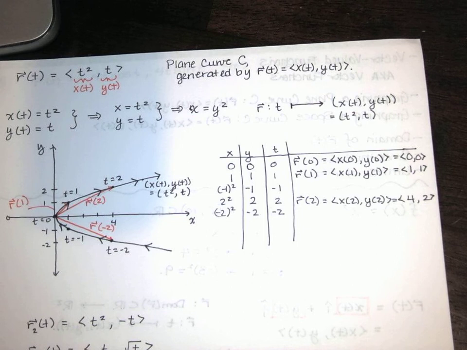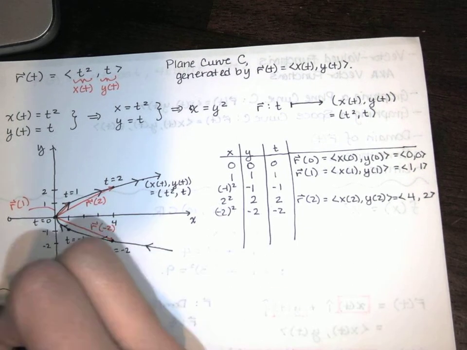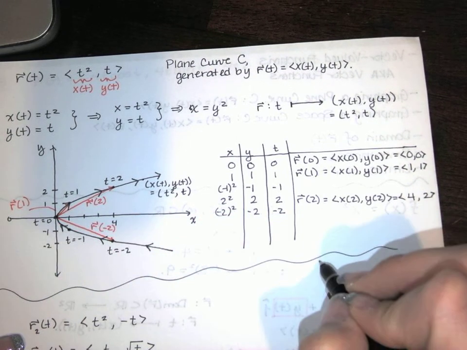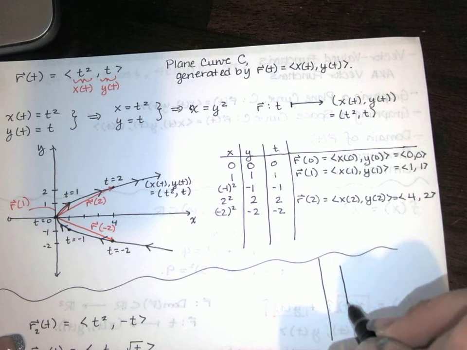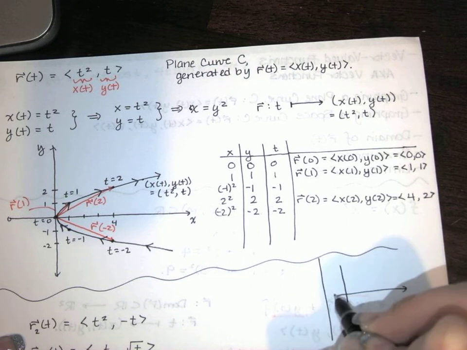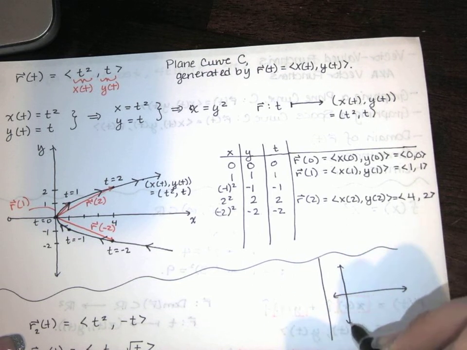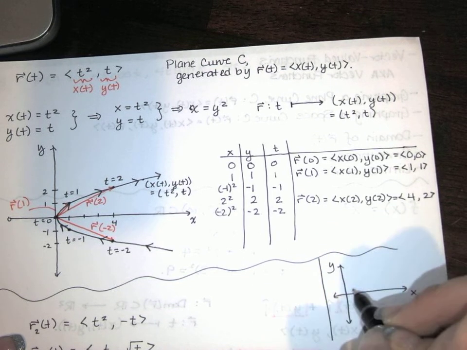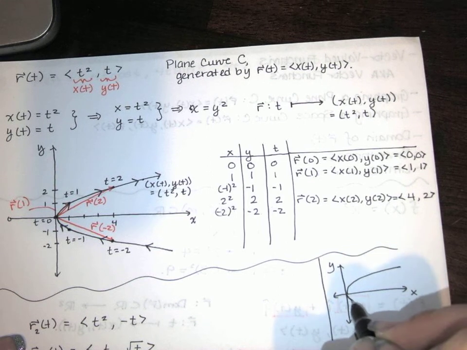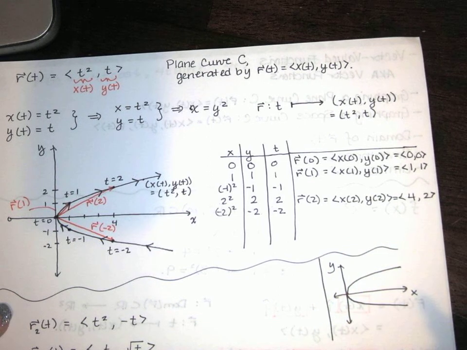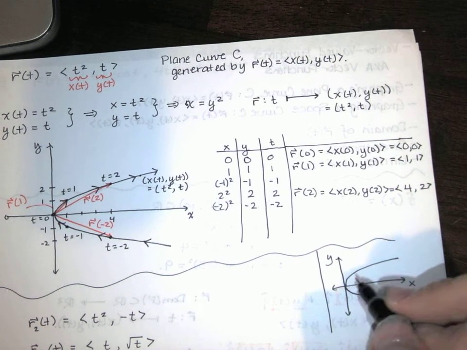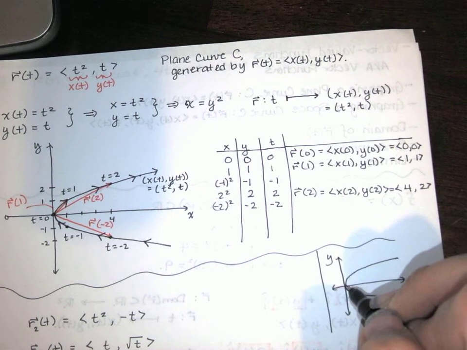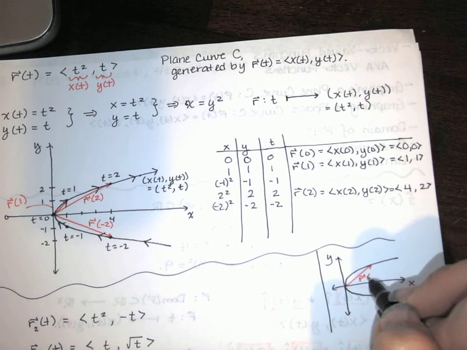In general, let me draw a different picture that doesn't have so many vectors all over it. Our curve looks like this, just in general. So we've got this parabola on its side. And r of t points to a location. That's r of t.